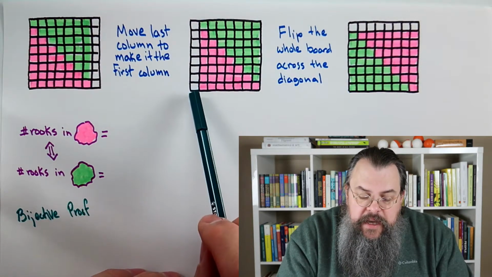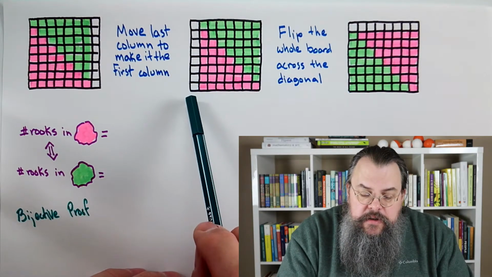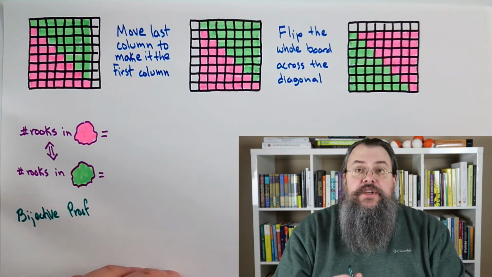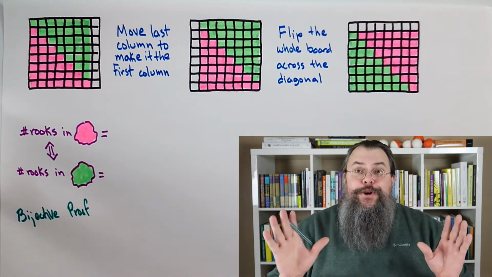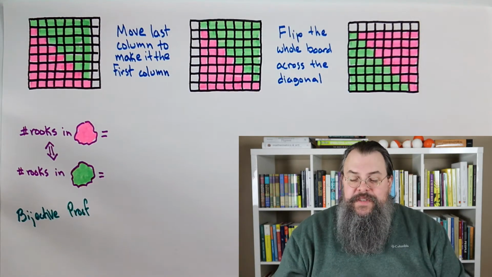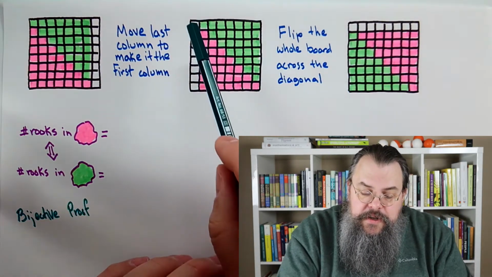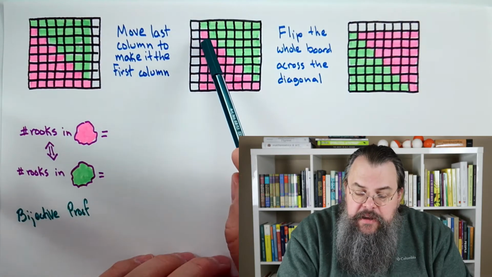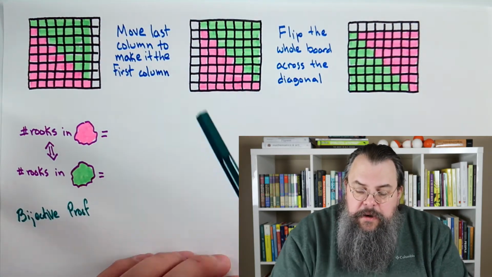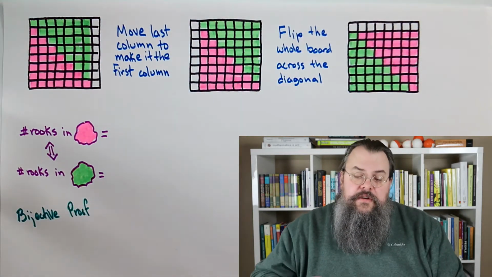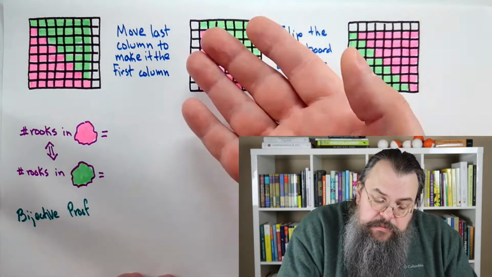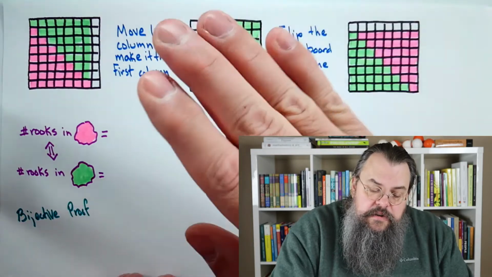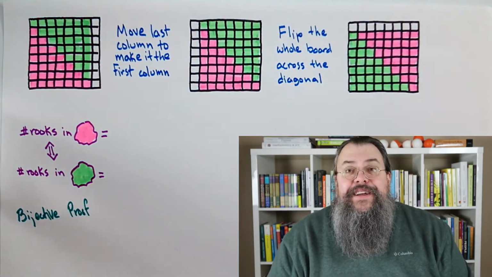Now that we've done that, we say, okay, what do we have? Well, we've just essentially shifted over our green and our pink. No problem. Now, what we're going to do is we're going to take the diagonal here and we're going to flip it across. So it's like you come in with a spatula, put it underneath, lift it, turn it over, put it back down, like you're flipping a pancake.